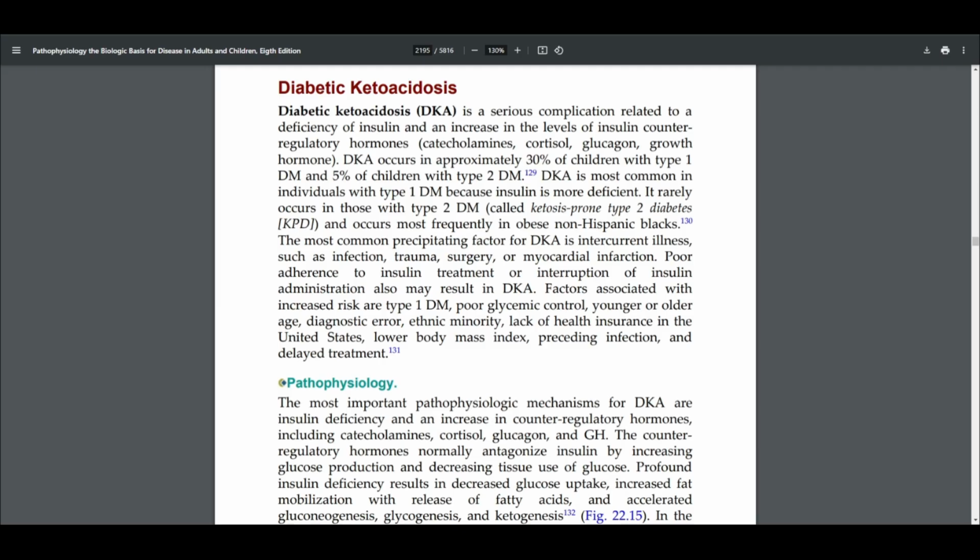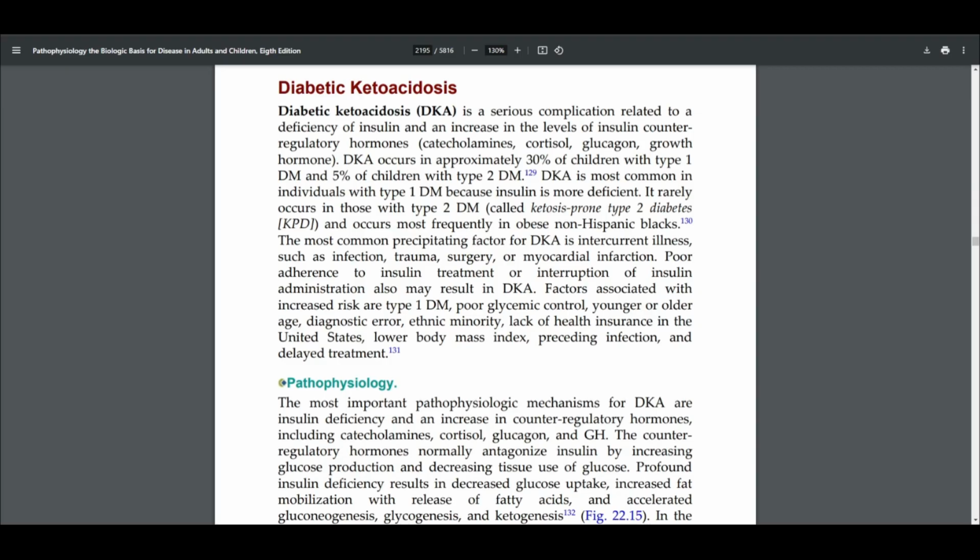DKA occurs in approximately 30% of children with type 1 diabetes and 5% of children with type 2. DKA is most common in individuals with type 1 diabetes because insulin is more deficient. It rarely occurs in those with type 2 diabetes and occurs most frequently in obese non-Hispanic blacks.